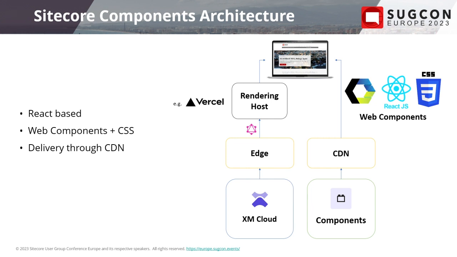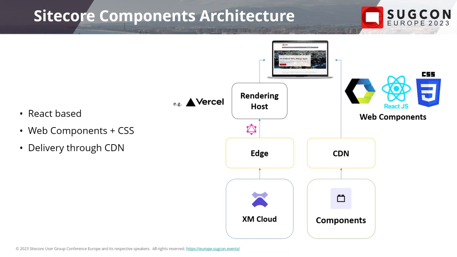And on the XM Cloud side, just taking that as an example, XM Cloud delivers everything via Edge through the GraphQL endpoint. So we build our UIs in Pages and import our components, but what happens behind the scenes is we use the Sitecore Components web components that we embed into our UI.